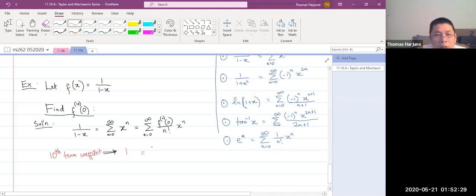On the right-hand side it is the 10th derivative of f at 0 over 10 factorial. Now we get the answer. So the 10th derivative at 0 for this function is 10 factorial.